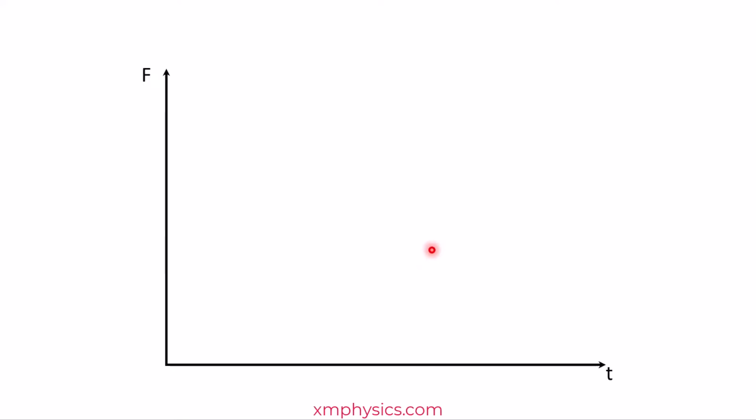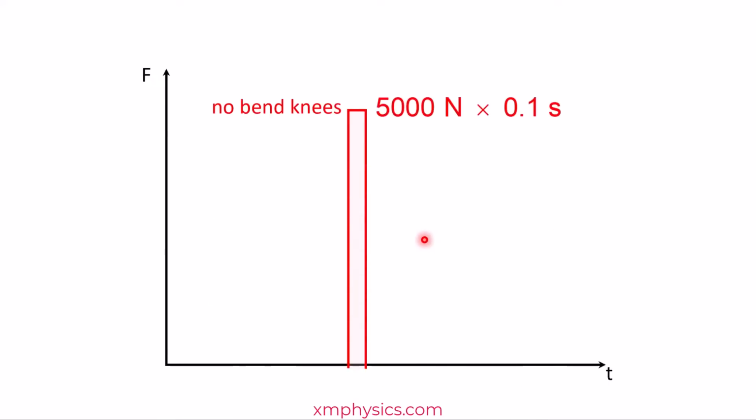So suppose the gymnast did not bend the knees. Then the impact duration is going to be pretty short. So let's assume it's 0.1 second, yeah? So the required impulse of 500 newton second is brought about by an impact force of 5,000 newtons over a duration of 0.1 second.